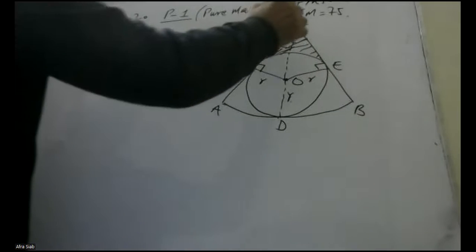That means if we can calculate the area of CFOE, then the area of the shaded region is equal to the area of CFOE minus the area of sector FOE. If this sector FOE is subtracted from that, this is the area of the shaded region. The area of CFOE is basically the sum of the two triangles.